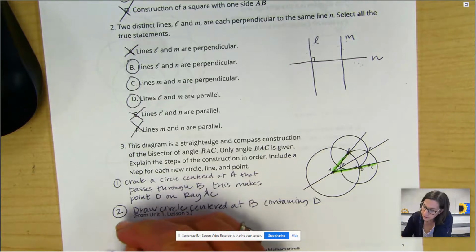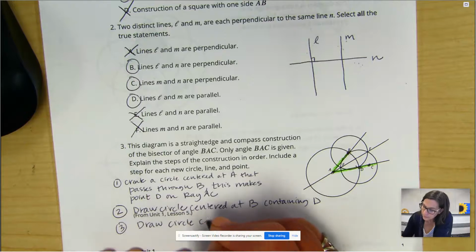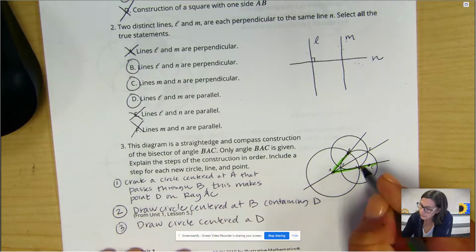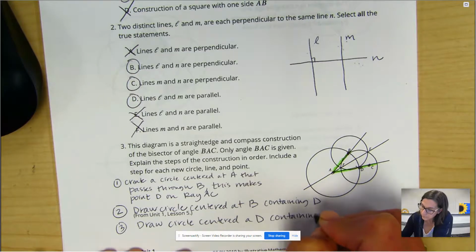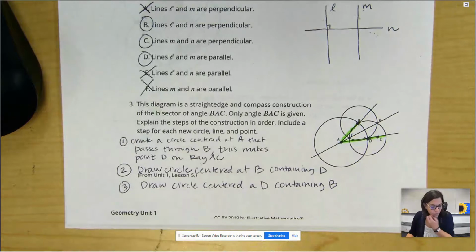And then draw a circle centered at D, containing B. So they basically have that radius of BD for both of them.